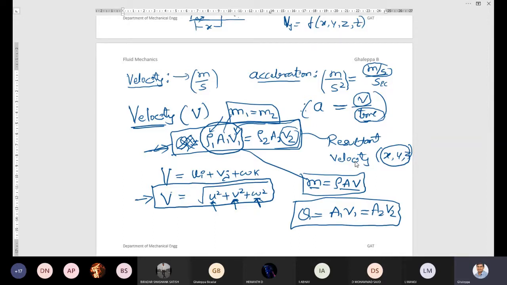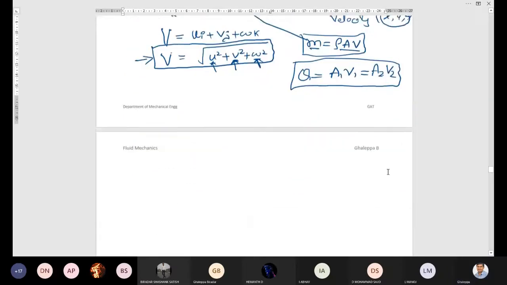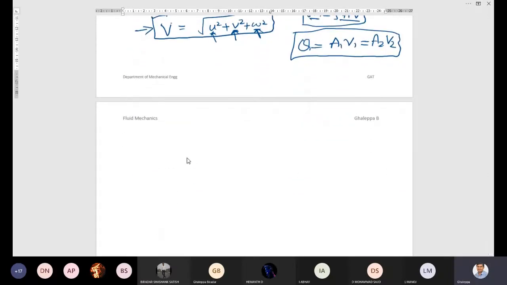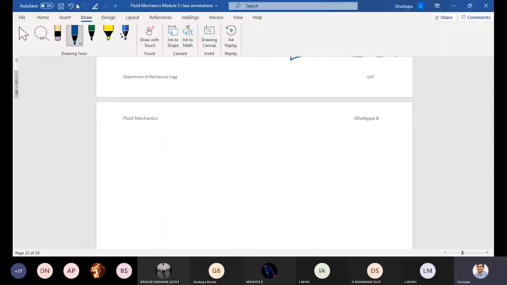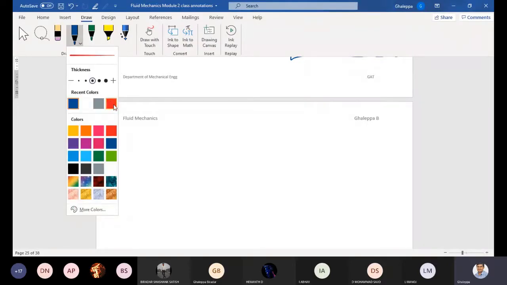Now coming back to the acceleration point, important noting. Here let me take on different color chalk please. So what I do, I am going to write acceleration.